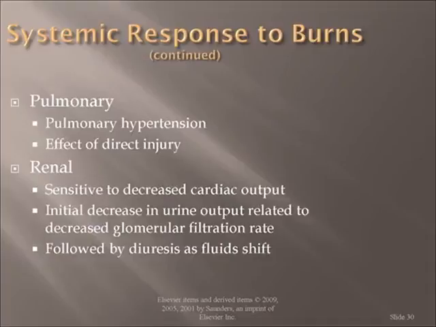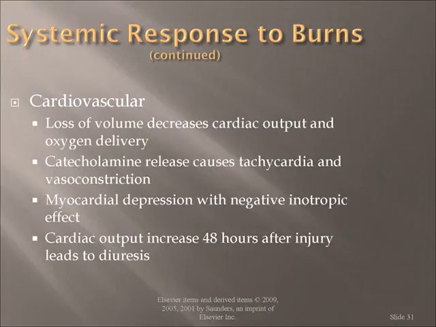Renal response: there'll be a sensitivity to that decreased cardiac output, and then there will be an initial decrease in urine output related to a decreased GFR, or glomerular filtration rate. This is then followed by a diuresis as your fluids continue to shift and you start volume resuscitation.